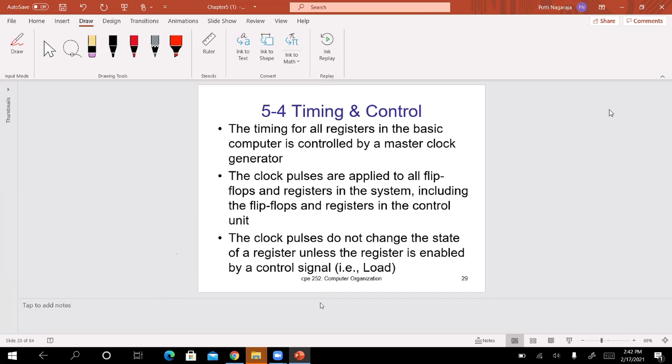Roll number 1 to 30. Are you understanding what I am saying? Yes, sir. Okay. Try to go through it. If you have any doubt, you can ask. Okay.